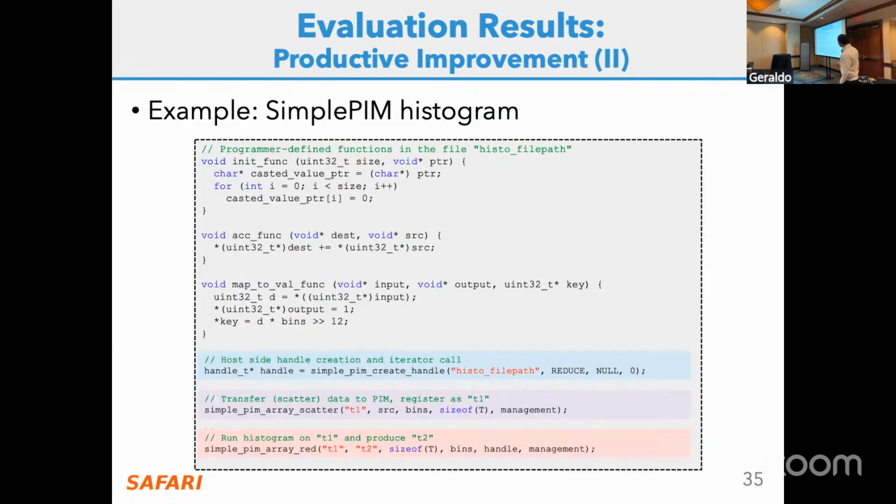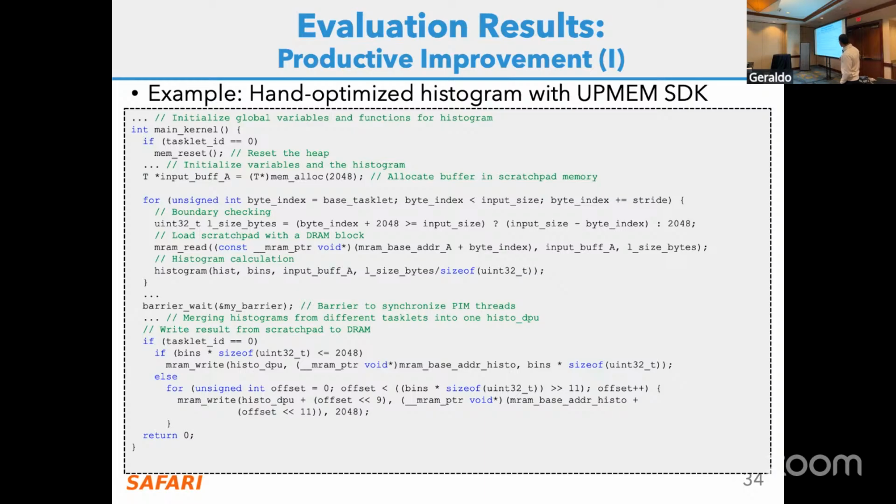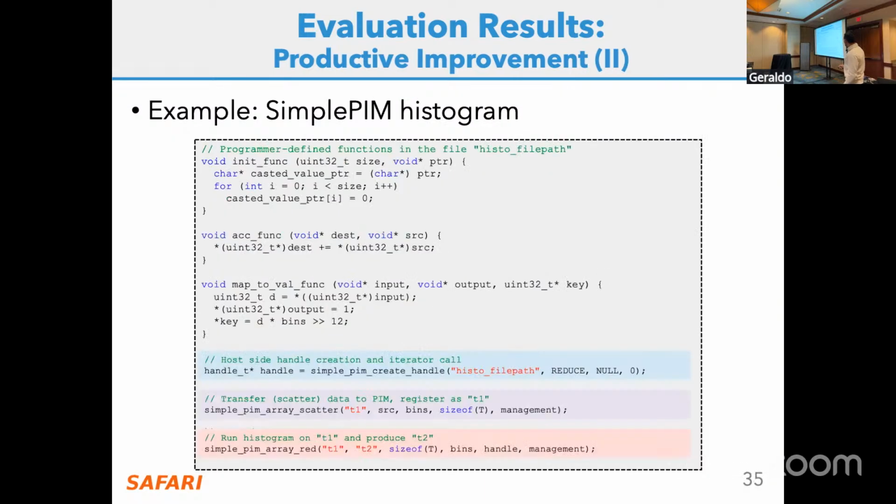This is a code example of a histogram using the UPMEM based APIs. Actually, the code is much larger. You can see the dots over here. But if you use the SimplePIM based implementation of the same algorithm, you can just call those APIs to do the management of the input arrays, the data communication, and the computation itself.